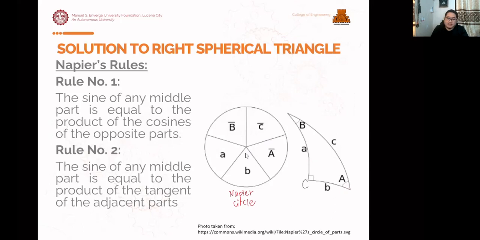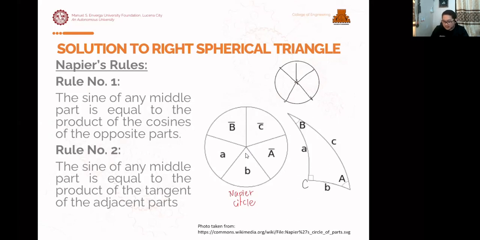Okay? So, kita natin si C yung naka 90 degrees. So, paano natin ico-construct yung Napier circle? One way of constructing yung Napier circle natin is just draw a circle and then draw a body, tapos lagyan mo ng paa, and then lagyan mo ng kamay, no? Ayan.